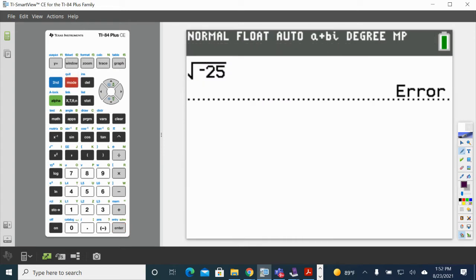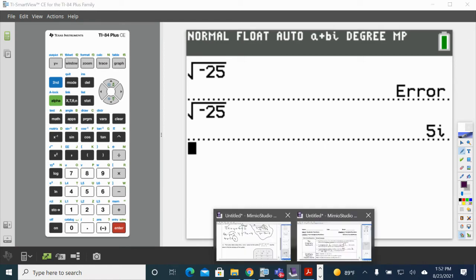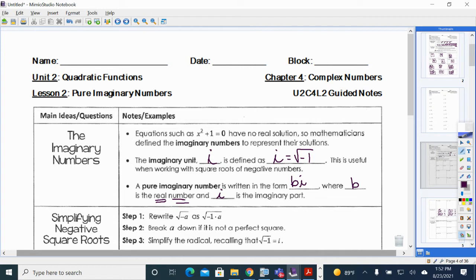So look what happens now when I try to take the square root of negative 25. The calculator is going to tell me that my answer is 5i. So let me explain that. Your imaginary unit, and you need to know this: when we're taking the square root of any negative number, like negative 1, that automatically gives us an i. The square root of negative 1 is equal to i.